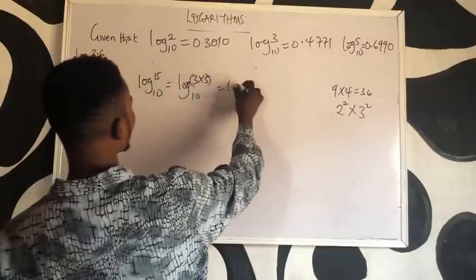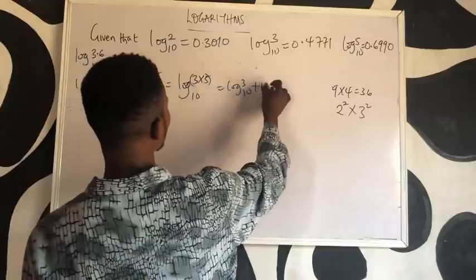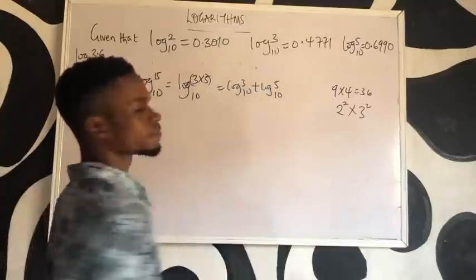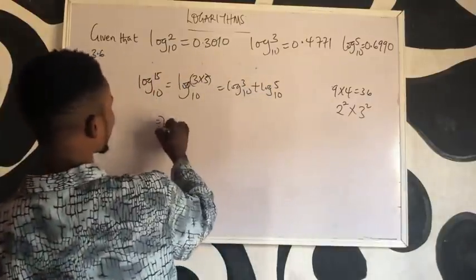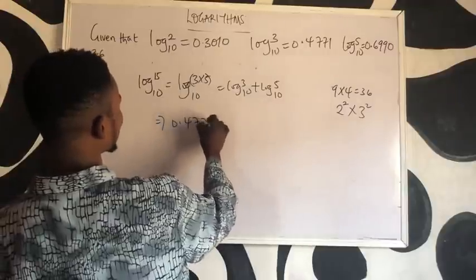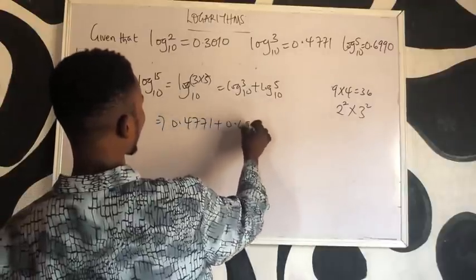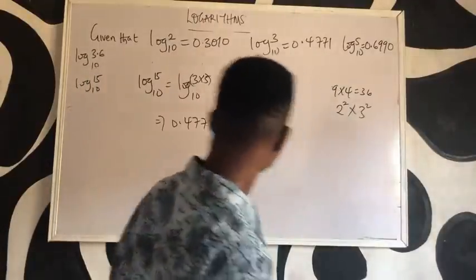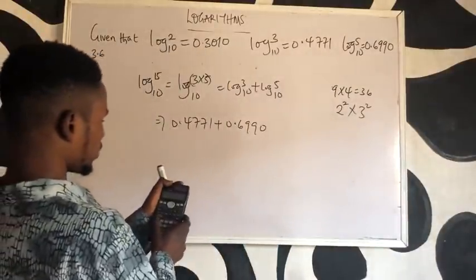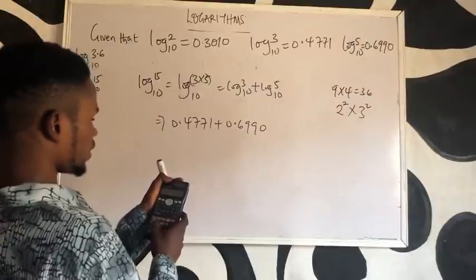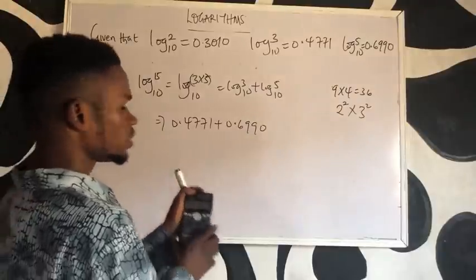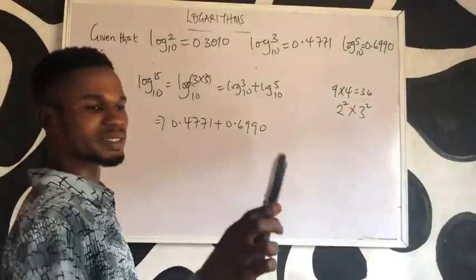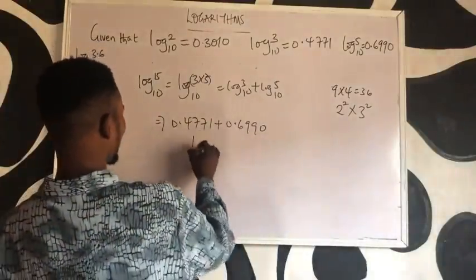By the law of indices, that is log 3 base 10 plus log 5 base 10, which is the same thing as 0.4771 plus 0.6990. Now from our calculator, 0.4771 plus 0.6990 is 1.1761.